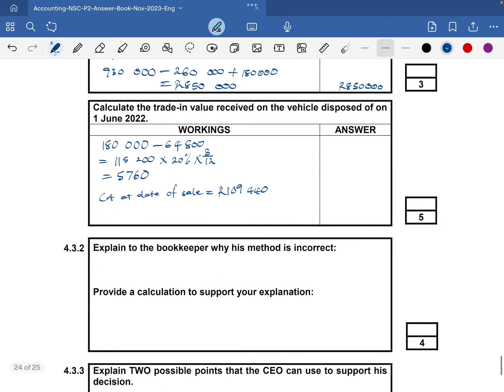So we're going to take 109,440 plus 5,560, and that gives us a trade-in value of 115,000.